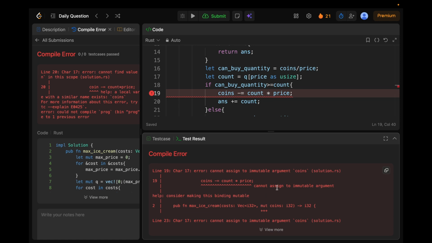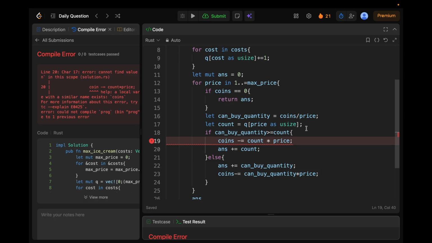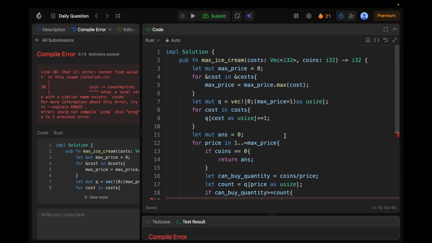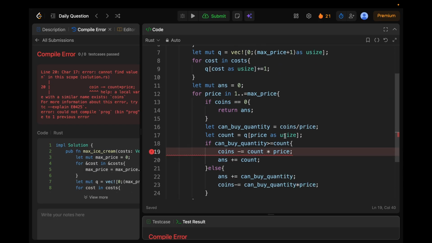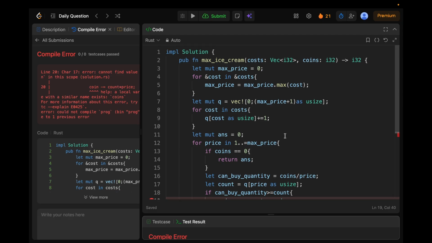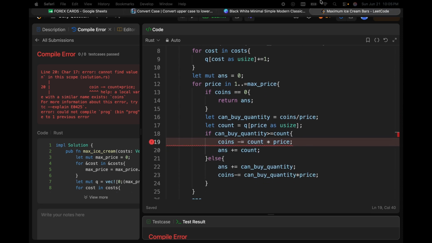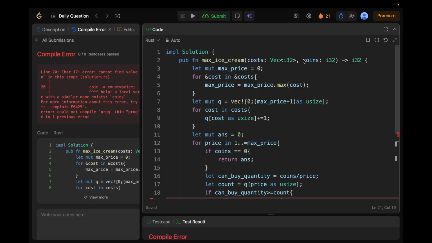Cannot assign an immutable argument. Let me see. Over here my coins, I'll declare it as mutable, then this would run.